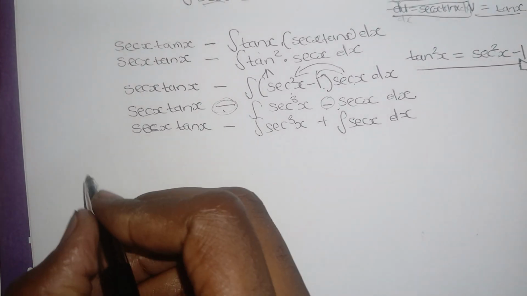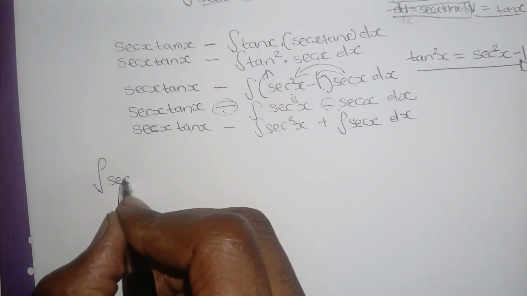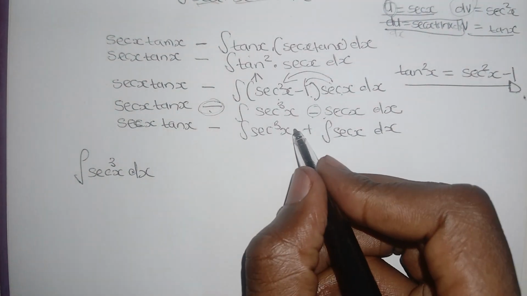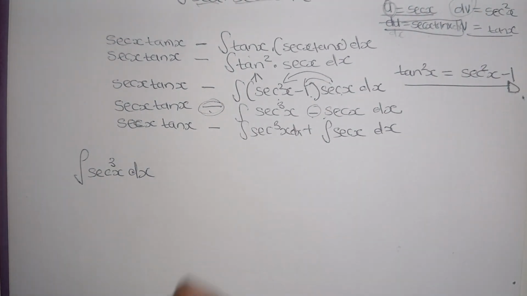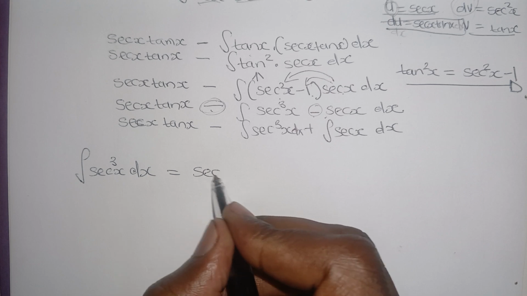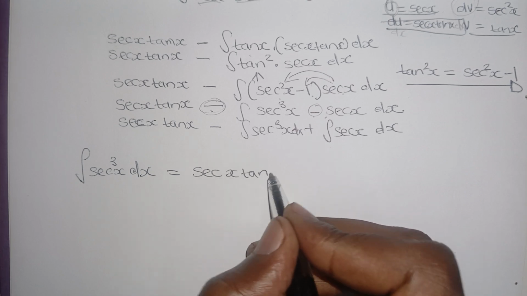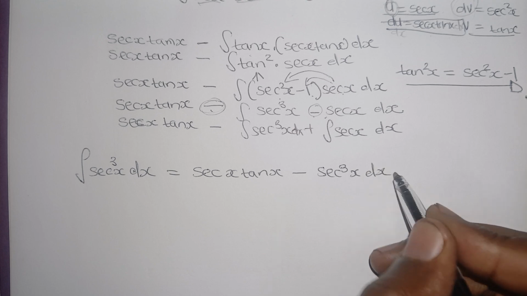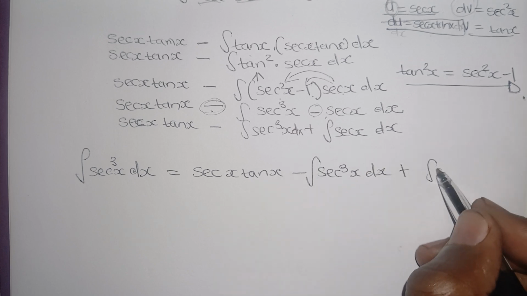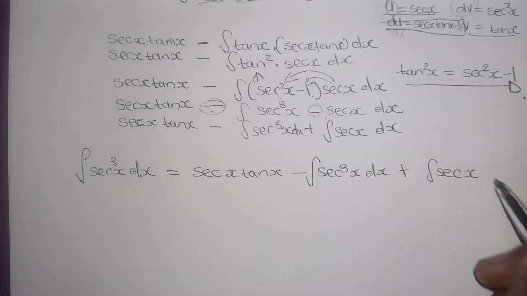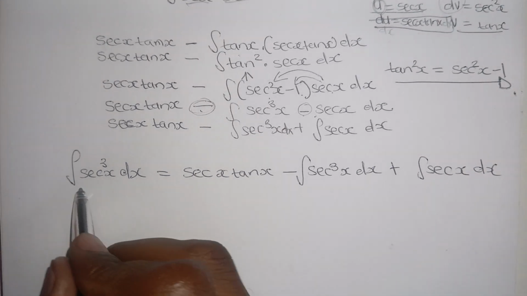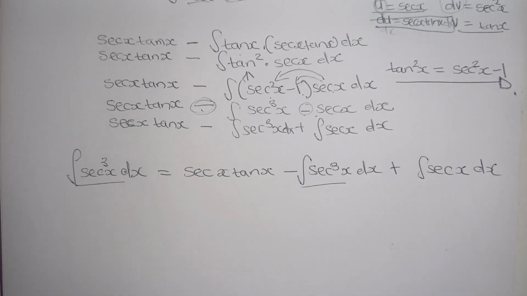Now let us just write the question. Integrate secant x cube dx. Okay. Now if we're doing that, we need to say it's equal to sec x tan x minus the integral of sec cube dx plus the integral of sec x dx. Now we need to check this is exactly the same as this, right?